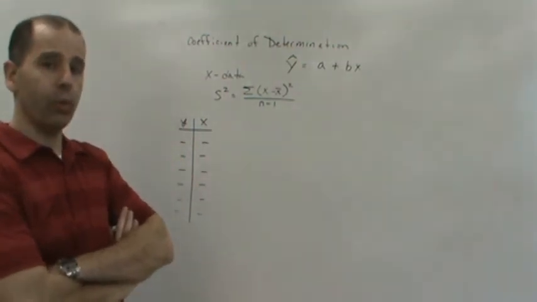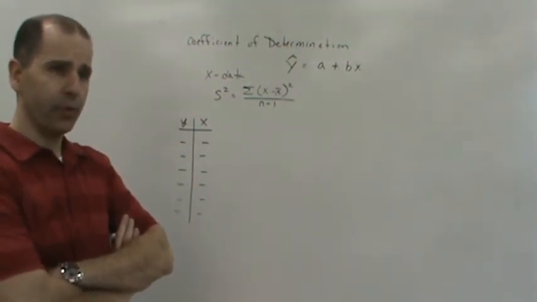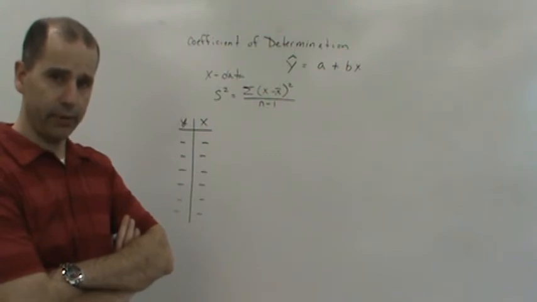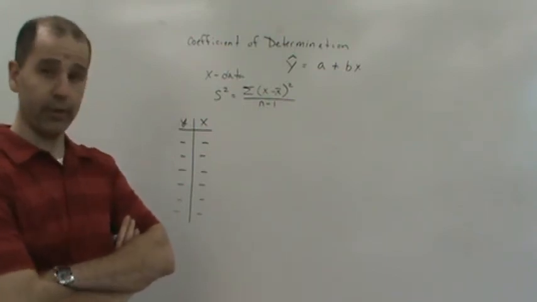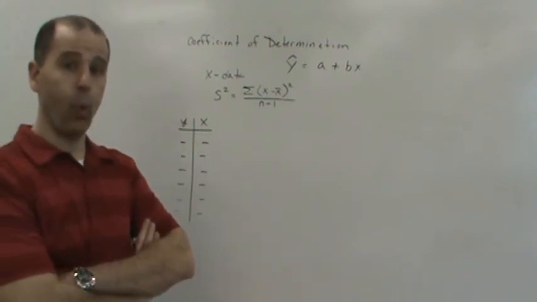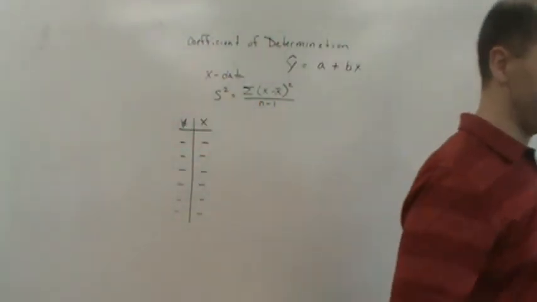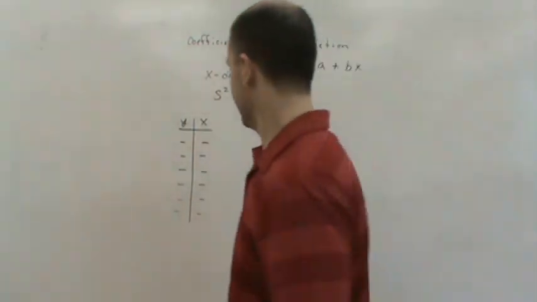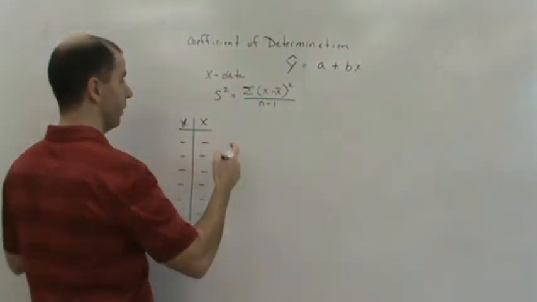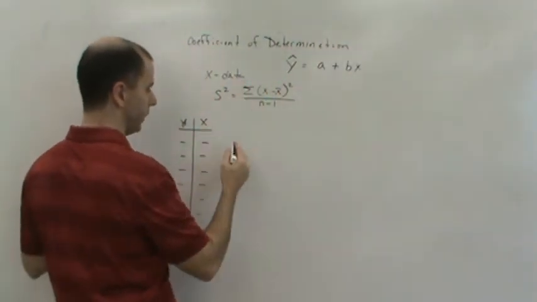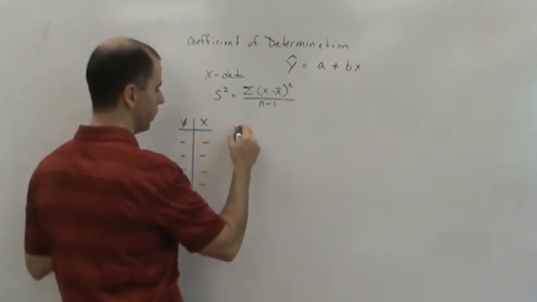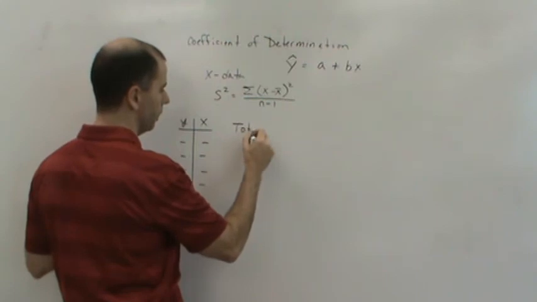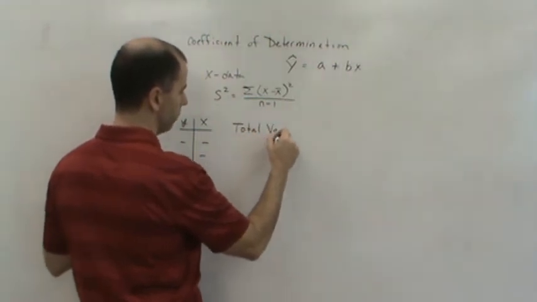And so now what we're going to do is calculate the variance in the y data. Here's the formula for the variance of the y data, and it's going to look very similar. We're going to call this total variation.